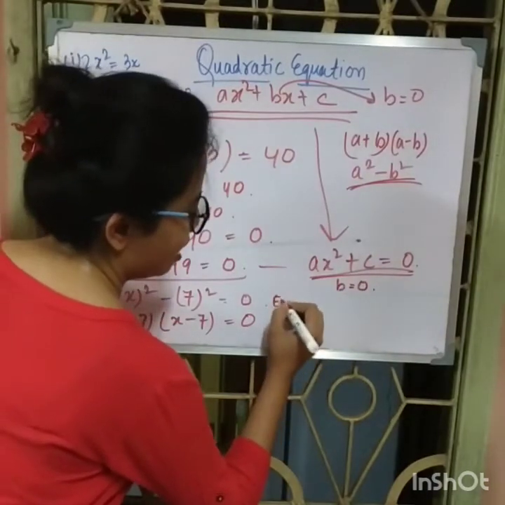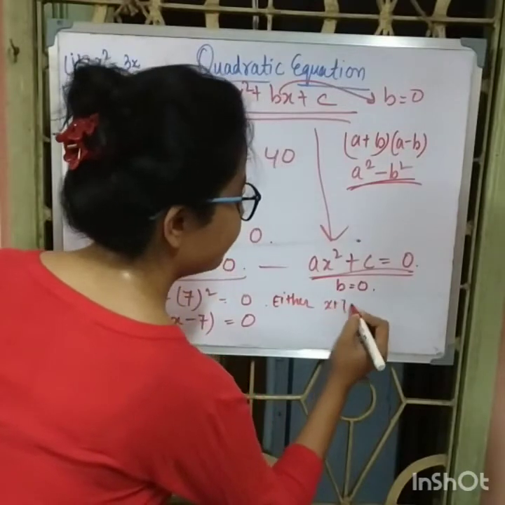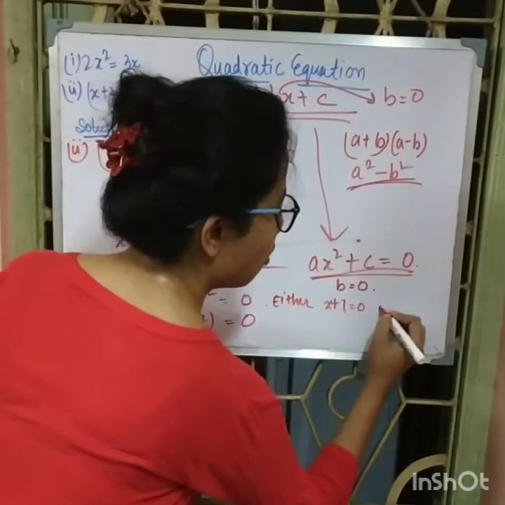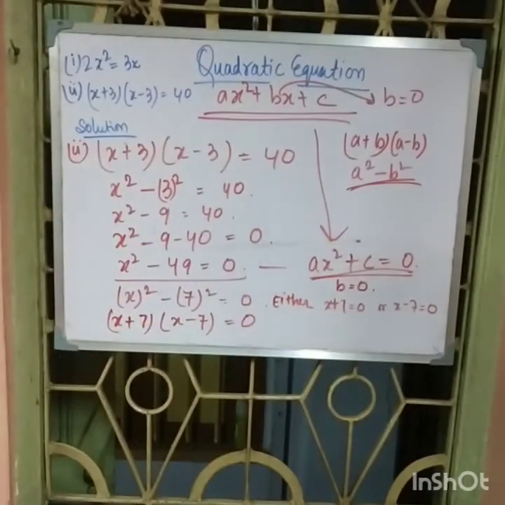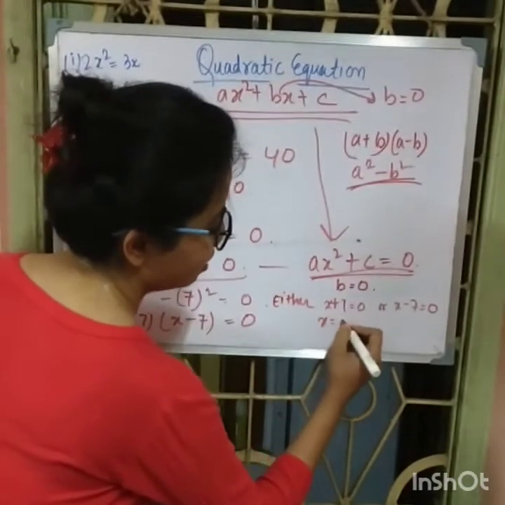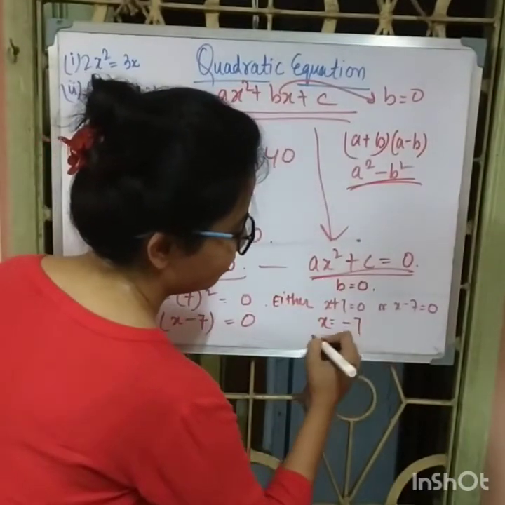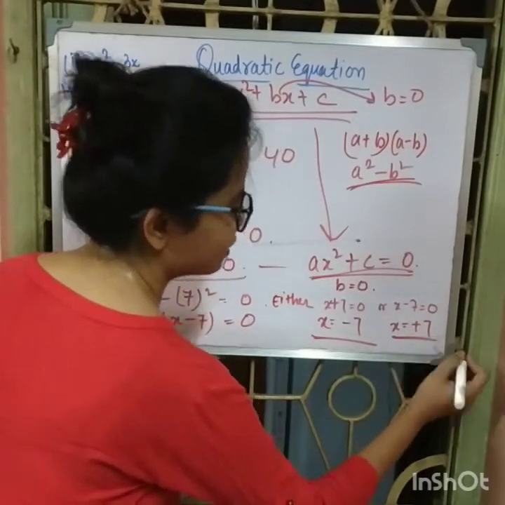We write either x plus 7 is equal to 0 or x minus 7 is equal to 0. Again, solving the linear equations would provide us with the solutions. Here we get x is equal to minus 7 as a solution, and here we get x is equal to plus 7 as a solution.